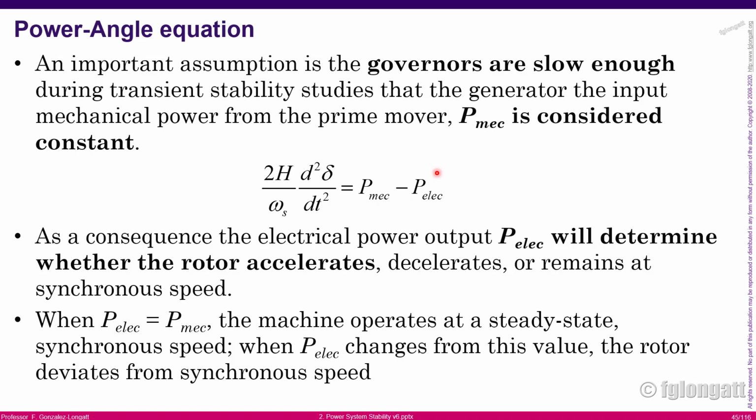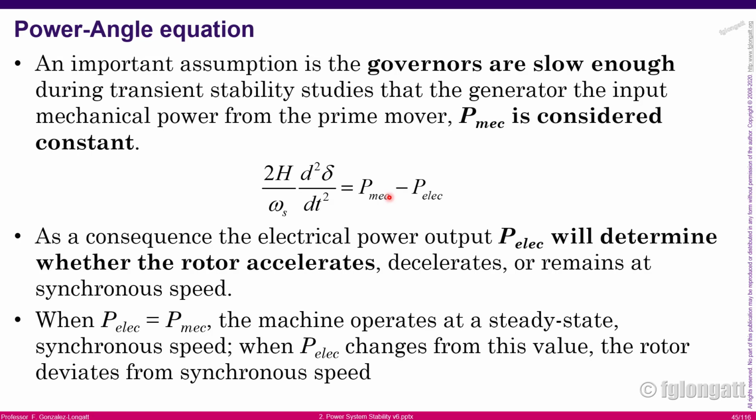However, here in classes, we will assume that the mechanical power is maintained constant, okay? What I'm trying to say is that this number over here is constant because the governor is not acting. That means that the acceleration power is mainly coming from the electrical power. The electrical power is what defines the acceleration of the synchronous machine.